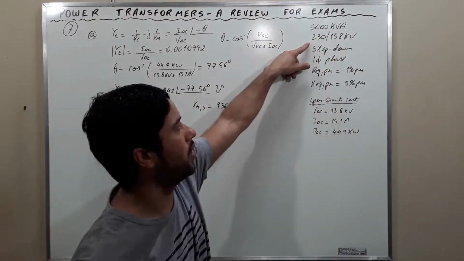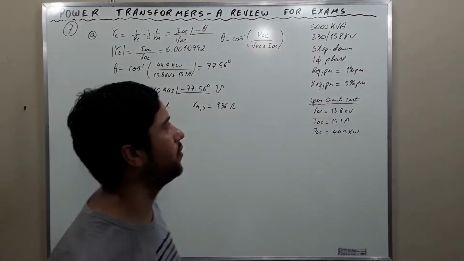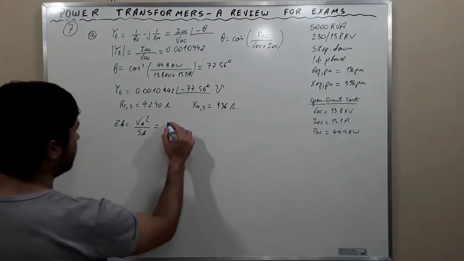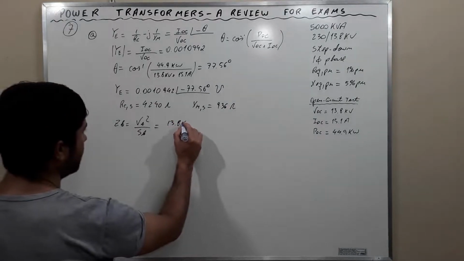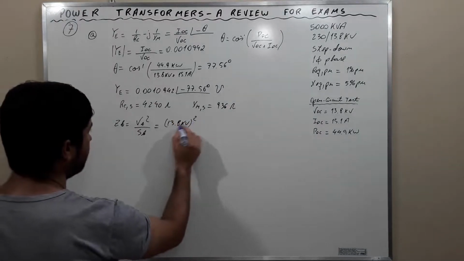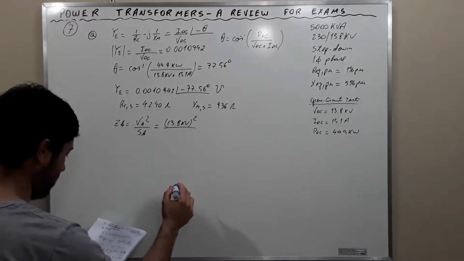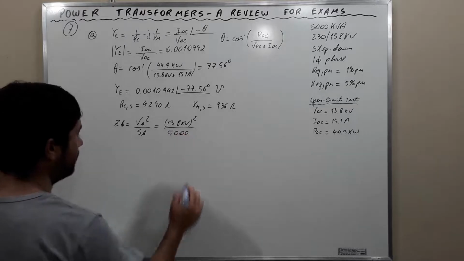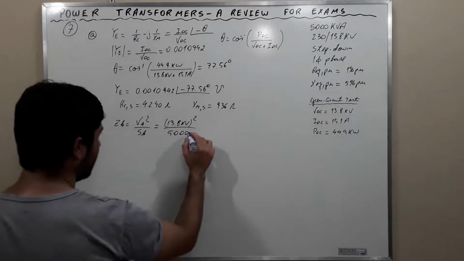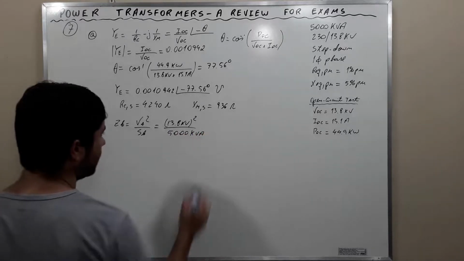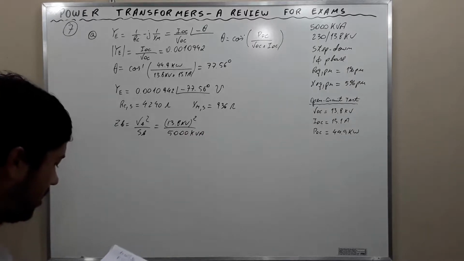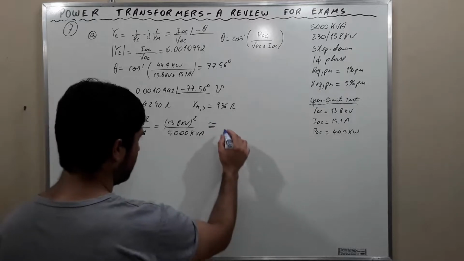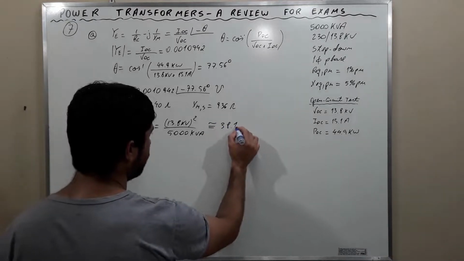and the high voltage side is 230 kV. We are working with the low voltage side, and it is 13.8 kV squared divided by the apparent power of the transformer, the power rating 5000 kVA, and this is approximately equal to 38.1 ohms.